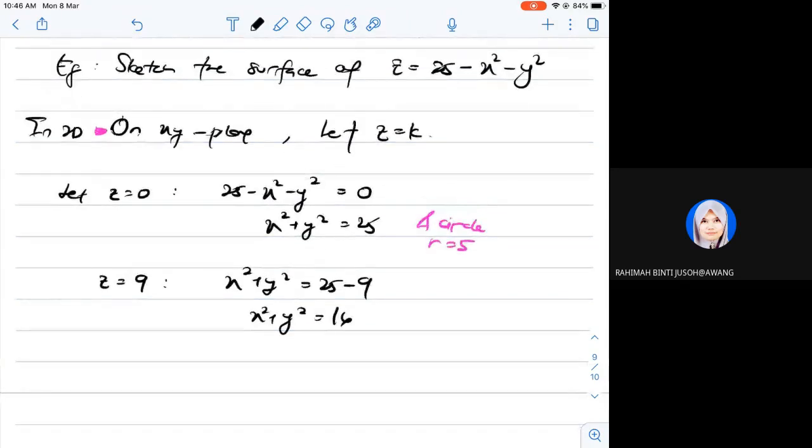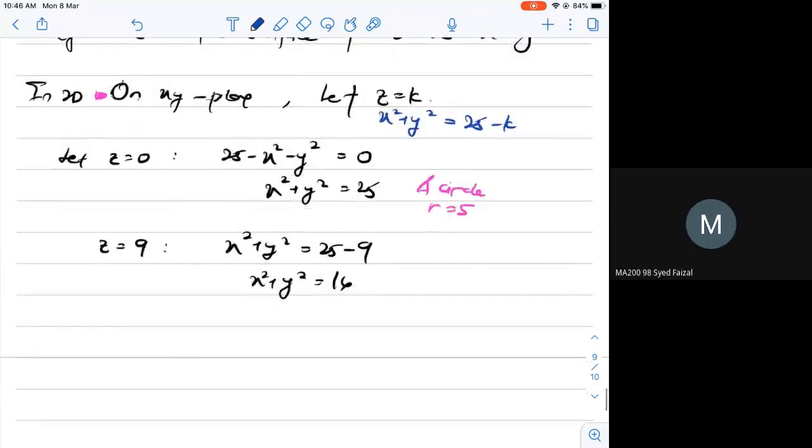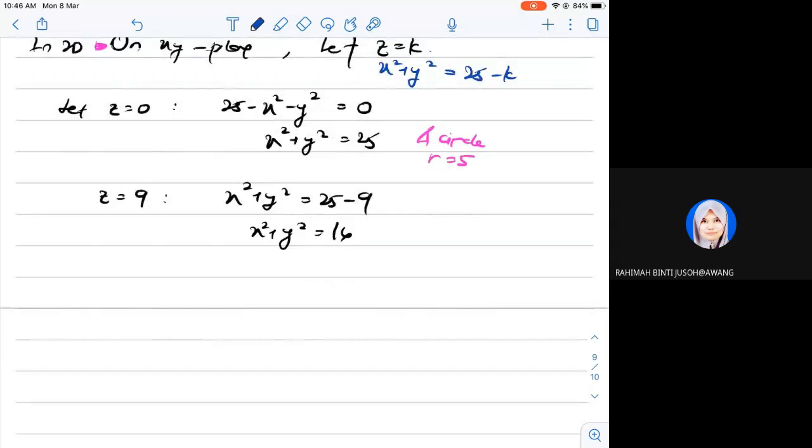So when let z equals to k, x squared plus y squared equals to 25 minus k, like this. So the first step, 25 minus 0, 25. 25 minus 9 should be 16. So again, this is a circle with radius, a circle with r equals to 4.